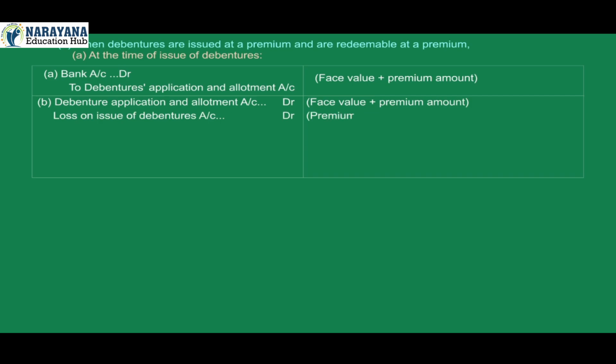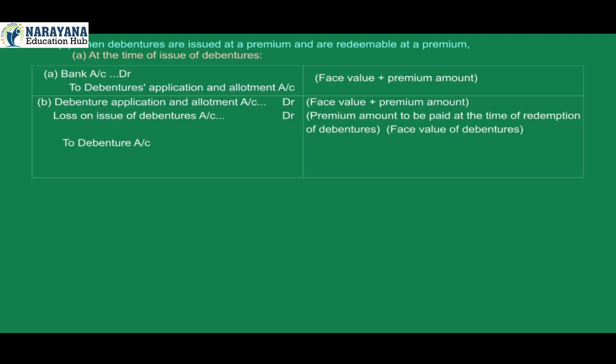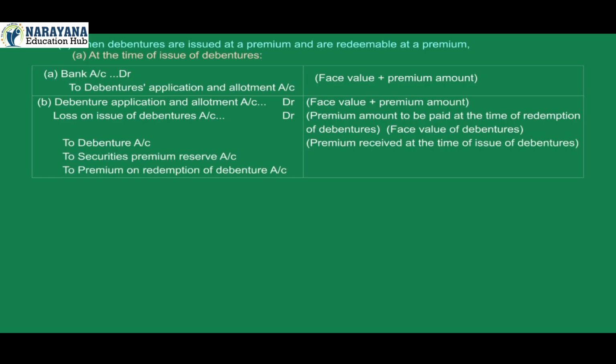Loss on issue of debentures account debit, premium amount to be paid at the time of redemption of debentures. To debenture account credit, face value of debentures. To securities premium reserve account credit, premium received at the time of issue of debentures. To premium on redemption of debentures account credit, premium amount to be paid at the time of redemption of debentures.